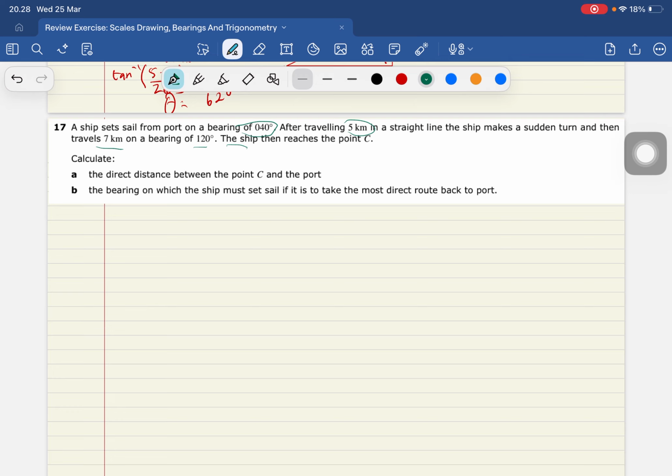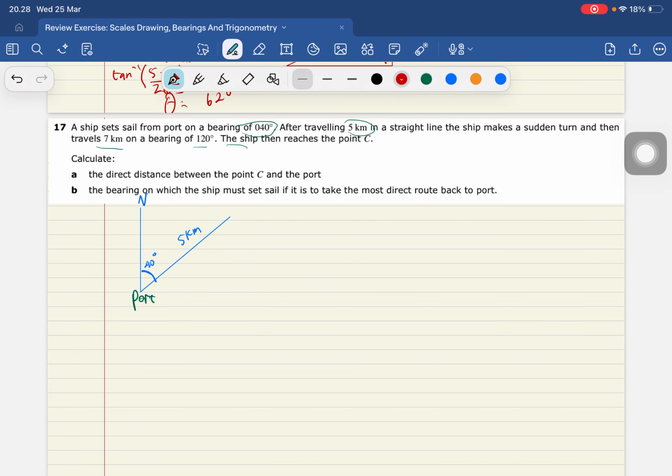Okay, 40. So the first point is here. Remember, to make it a bearing, we need to draw the north line first. Here is the north and 40 degrees clockwise. Let's say it's around here. Here is 5 km, with the bearing of 40 degrees.